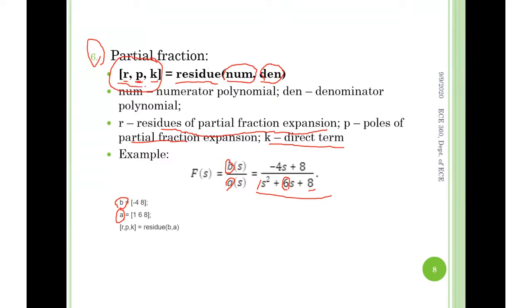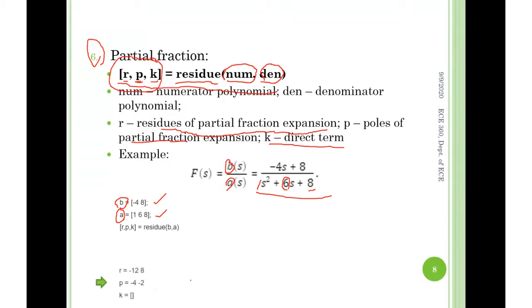According to the command, we learned the syntax here. So RPK equals, in brackets, RPK equals the residue of the numerator, comma, denominator. As simple as that. You need to know how to input a polynomial and then correctly identify which is the numerator and which is the denominator, and then you're done.